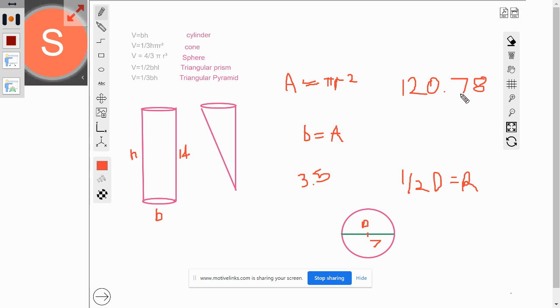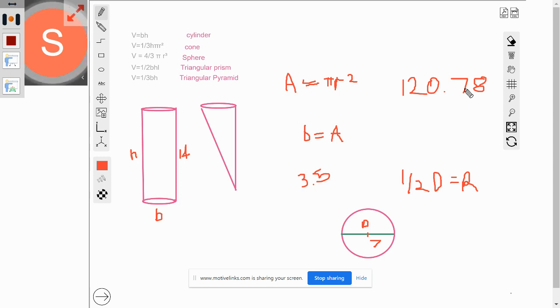Okay. So 120.78 is our base for this. And so our height, which is 14, so the last step we have to do is multiply this by 14.